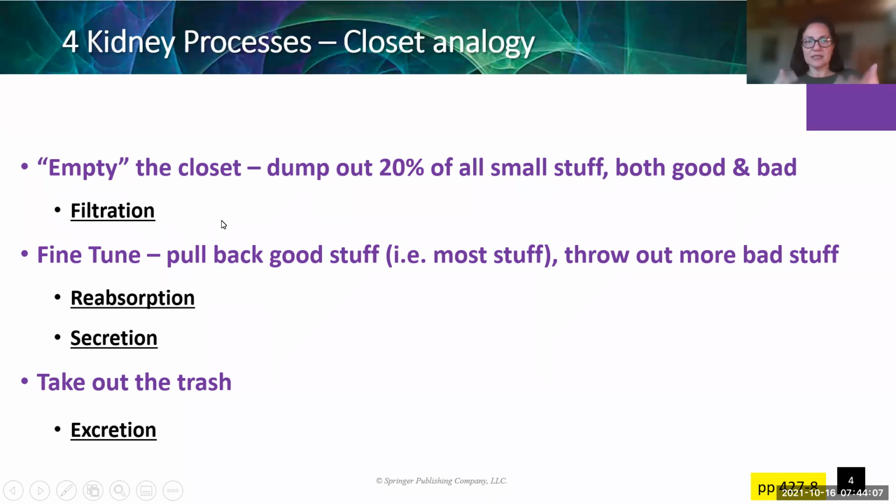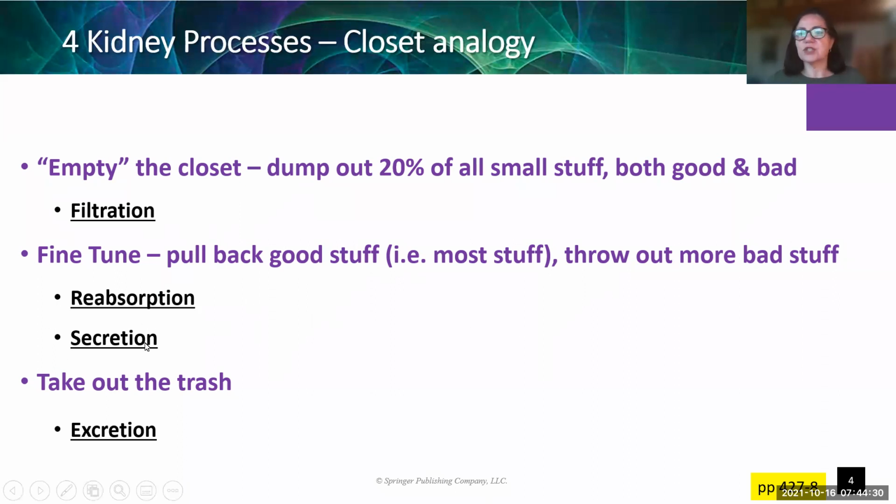Then once we have that stuff out of the closet and on the floor, we start picking some things through. That's reabsorption. We're going to pull back most of the stuff that we just took out of the closet. We're going to pull most of that back. That's reabsorption. And then we'll look in the closet again, and there may be some more stuff that we can pick out.